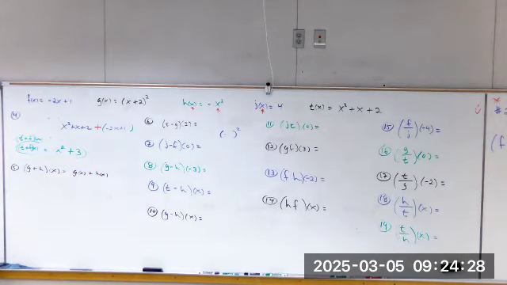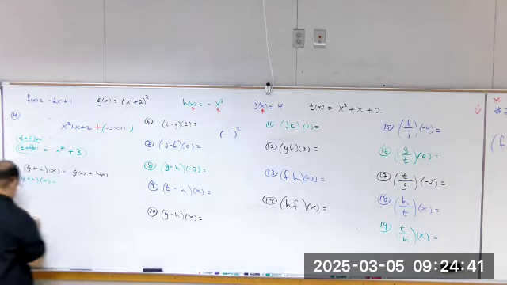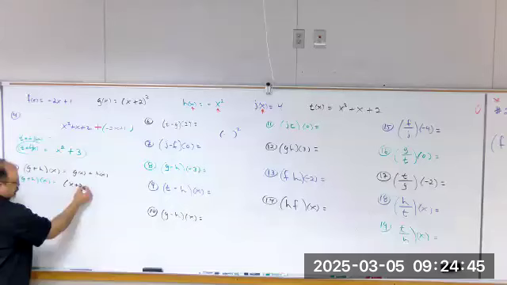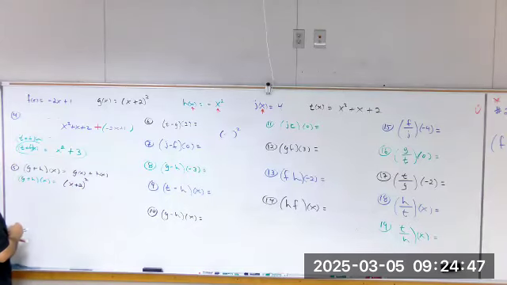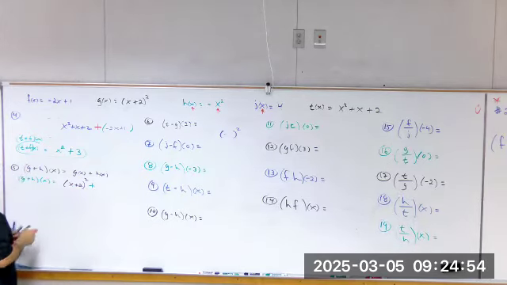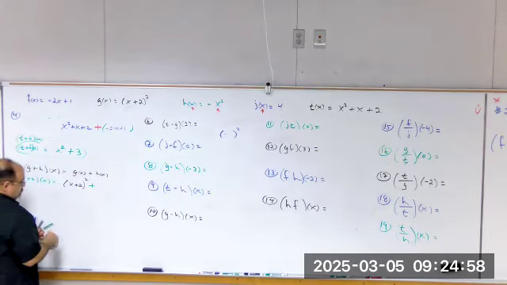That's what it means. So g plus h of x is equal to, so you got to go get g of x. g of x is this one, x plus 2 squared. And then we want to add h of x of that. And h of x is just negative x squared.